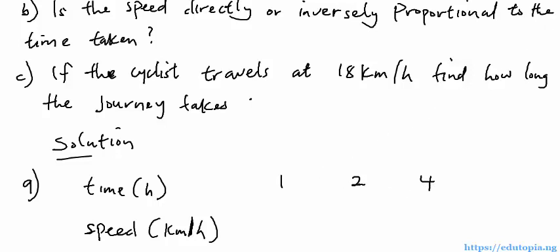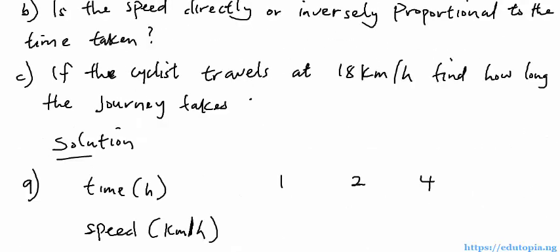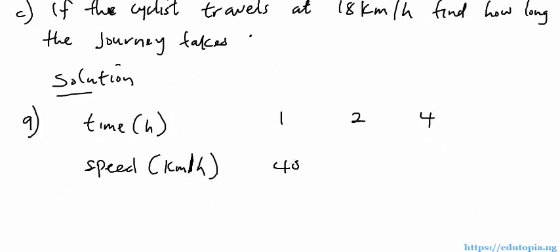So firstly we have our 40 kilometers, and in 2 hours it will be halved to 20 kilometers, and in 4 hours the time is increasing, and as the time is increasing, the speed will reduce, because if the speed is increased, the time taken for the cyclist to cover the distance between the villages will be less. So here we have 40, 20, and at 4 it becomes 10. So this is the table that is required.